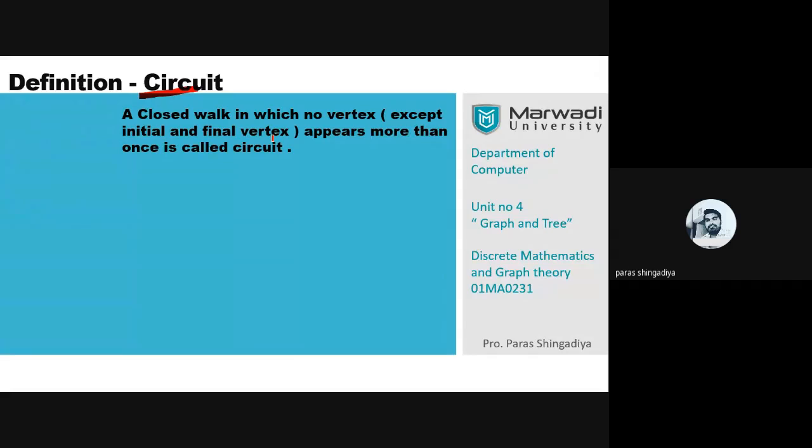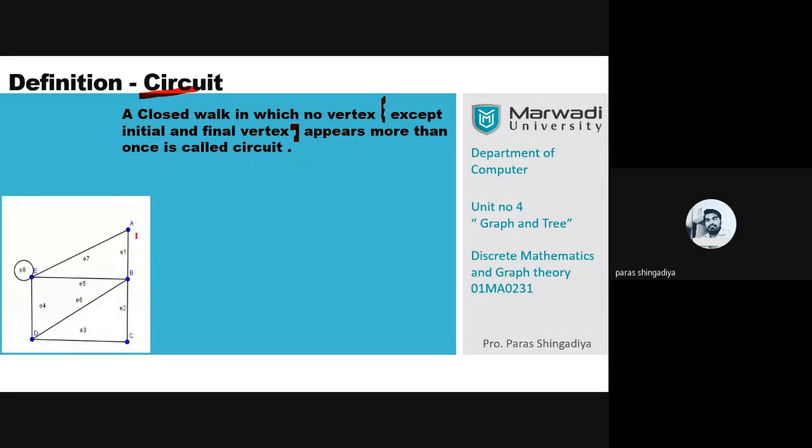Initial means starting vertex and ending vertex, which should be the same. So a closed walk in which no vertex, except the starting and ending ones, appears more than once is called a circuit. So that is the definition of a circuit.